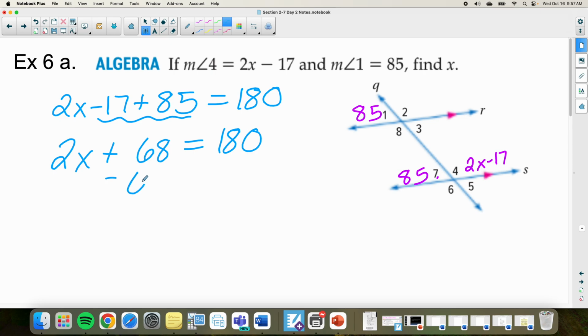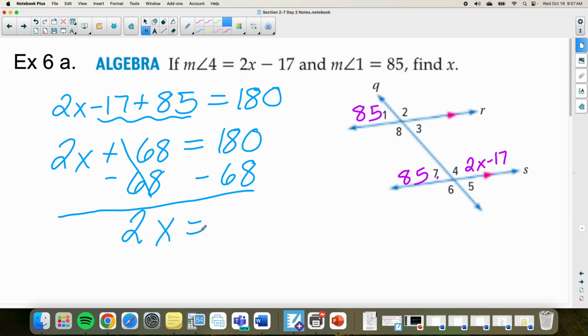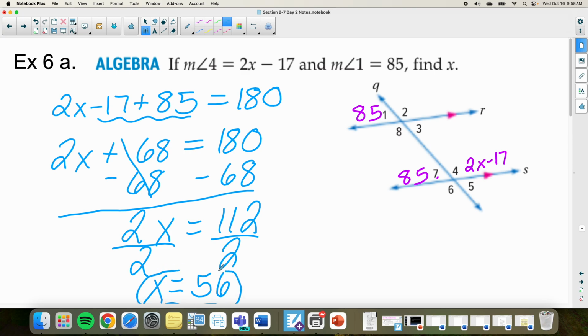Then I'm going to subtract 68, and I would get 2x equals 112, divide by 2, and x is 56. And that is what we want to find. So that is our answer.